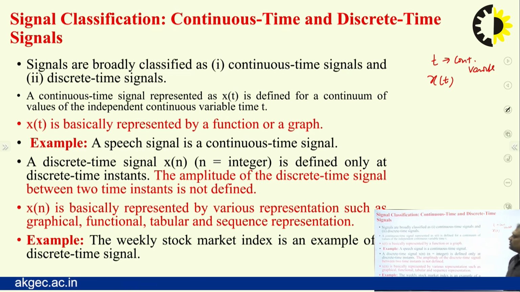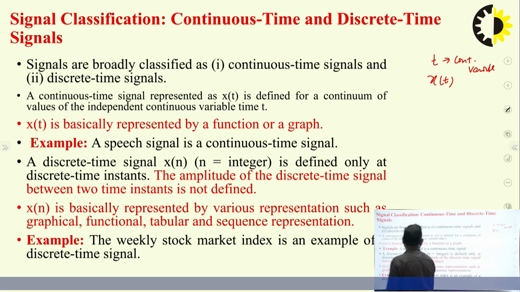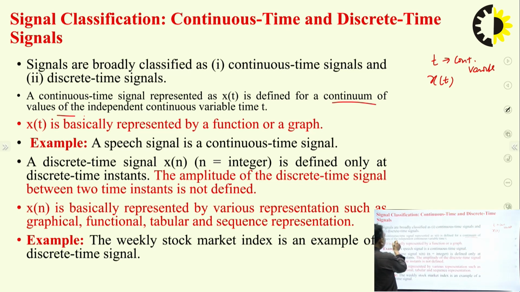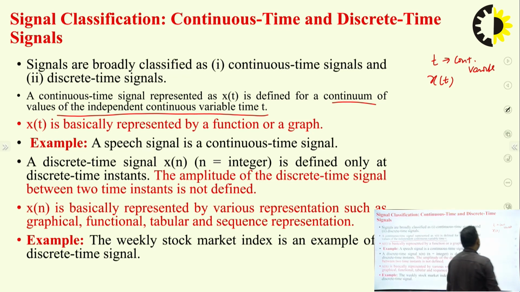The continuous time signal represented as x(t) is defined for a continuum of values of the independent continuous variable time. Here time t is our independent variable and x(t) is the dependent variable. When we discuss a continuous time signal, x(t) is represented by a function or a graph.